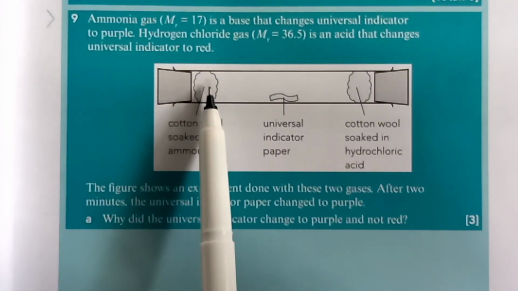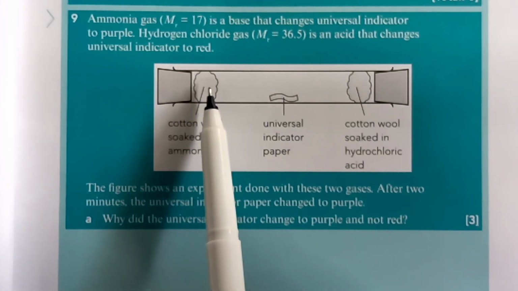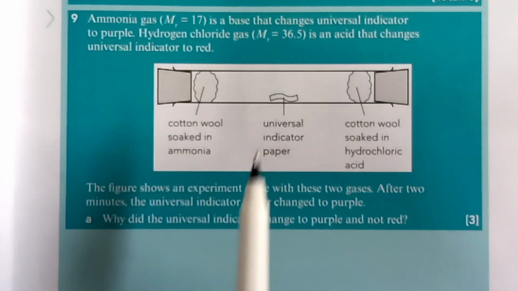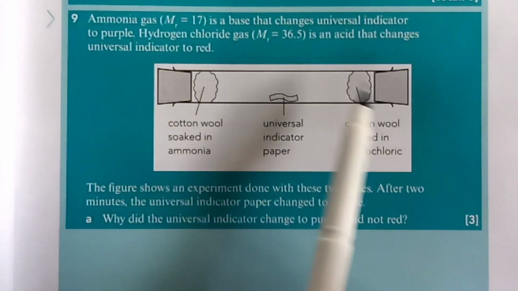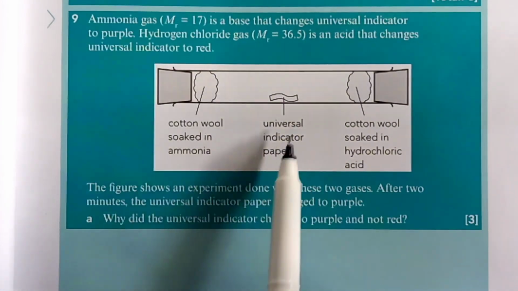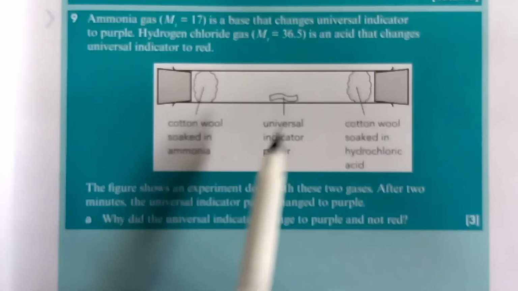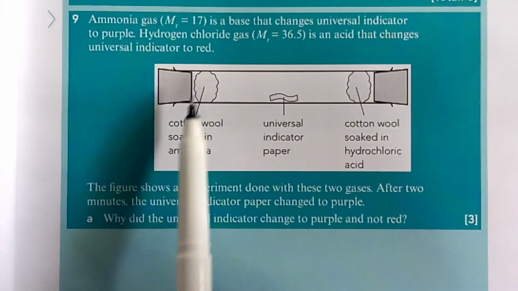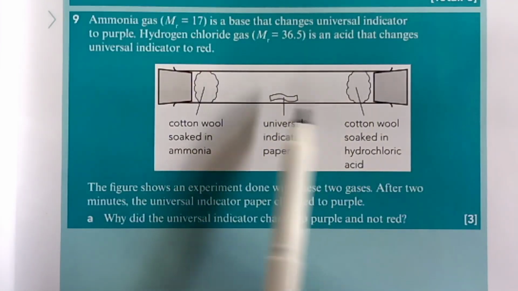Because ammonia, being lighter, according to the kinetic particle theory, diffuses more rapidly than hydrogen chloride, which is twice heavier. So the universal indicator changes color into purple because ammonia gets in contact with the universal indicator first before hydrogen chloride.